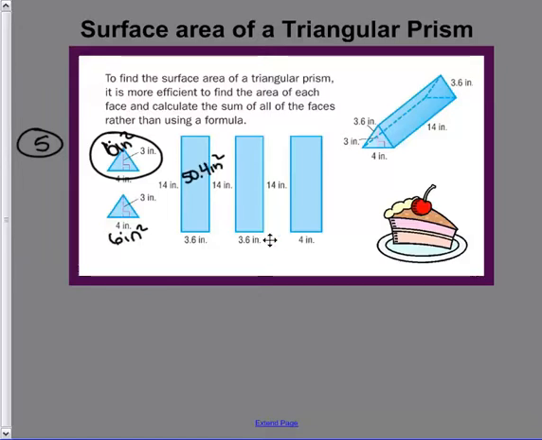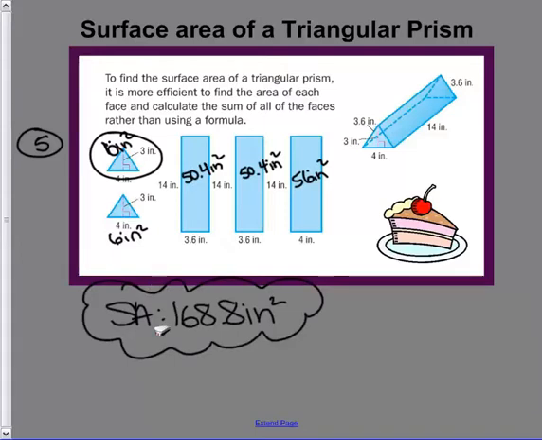Another 14 times 3.6, so again, it's 50 and 4 tenths inches squared. And this one is 14 times 4, so this one is 56 inches squared. Add them all together, and the surface area is 168 and 8 tenths inches squared.